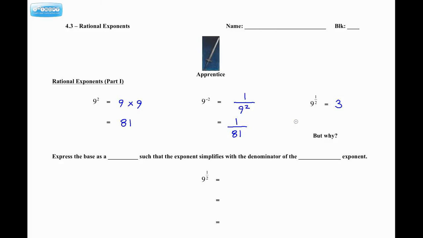Alright, so here's the technique on how to go from 9 to the 1/2 being 3. What we do is we express the base, in this case the base is 9, as a power, hopefully such that the exponent simplifies with the denominator of the fractional exponent, that being the 1/2.